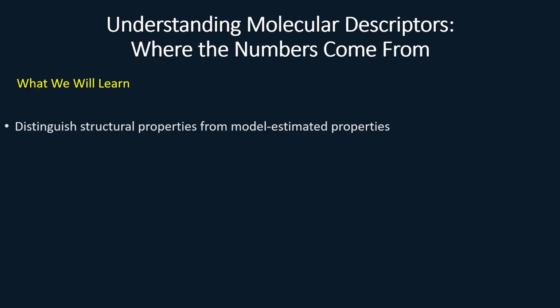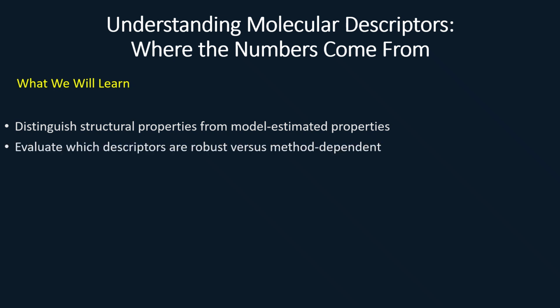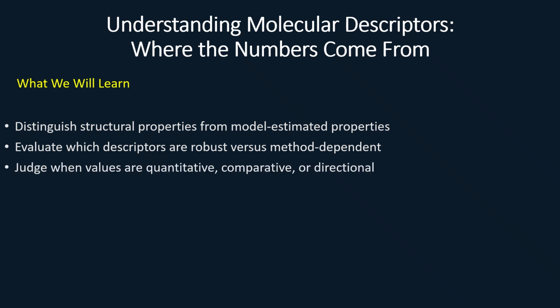By the end of this lecture, you should be able to distinguish between quantities that are directly calculated from structure and those that are inferred by models, recognize which descriptors are robust versus method dependent, and identify situations where over interpreting predicted values can lead to flawed conclusions.